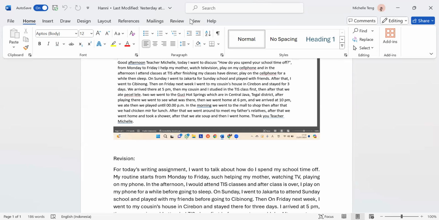So I'm saying that my routine starts from Monday to Friday, and then I add the comma right there because we're trying to list the things that you do as a routine. So that's why we should add a comma, and this comma right here is used for listing the stuff that we're trying to mention.